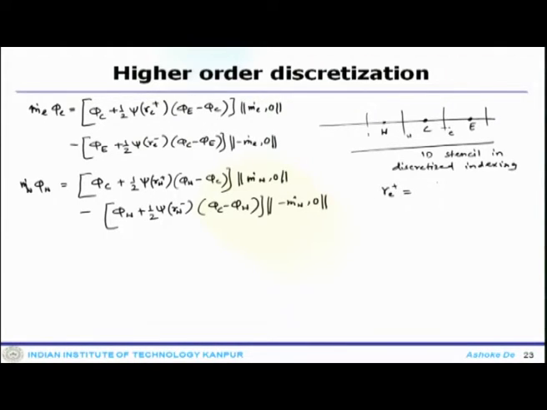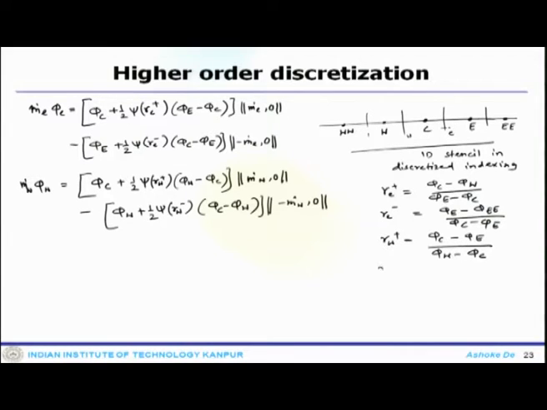So, it should be phi C minus phi W divided by phi E minus phi C. R E minus is phi E minus phi E E, where this is E E and this is W W, divided by phi C minus phi E. R W plus is phi C minus phi E divided by phi W minus phi C, and R W minus, that will take care of this node, will become phi W minus phi W W divided by phi C minus phi W.